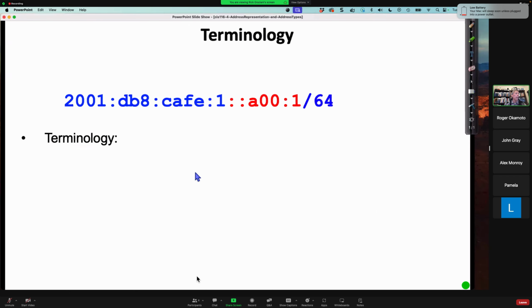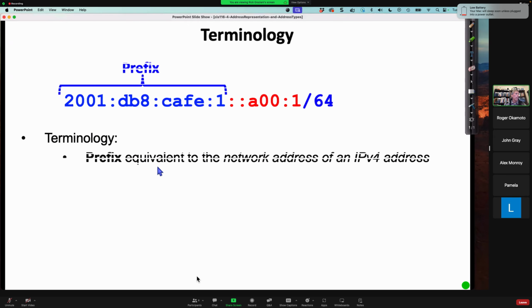Okay, so a little terminology here. This is the same terminology we use in IPv4. Prefix is the network portion of an address. A lot of times you just say, what's the prefix? Or what's the network prefix? And we mean the network address.